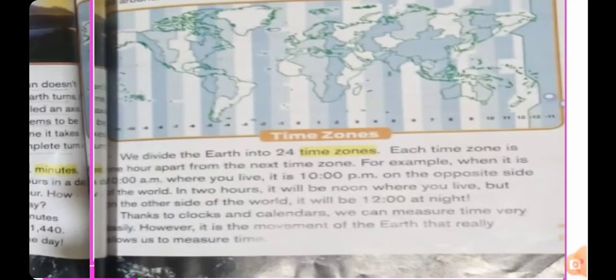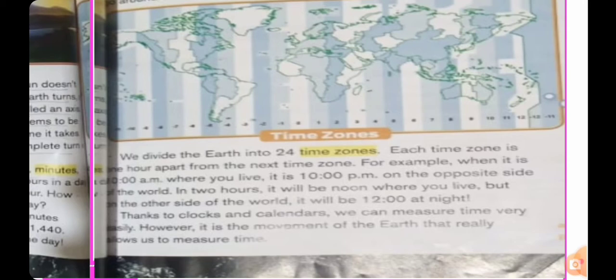Let's move further. Time zones. Now, what are the time zones? Actually, the Earth has been divided into 24 time zones, or you can say 24 parts. Each part is called a time zone.